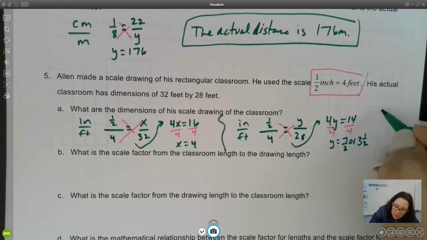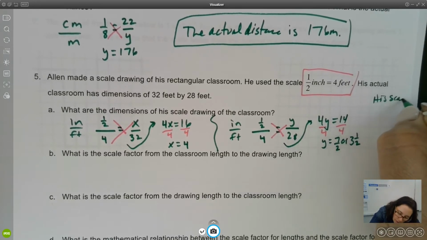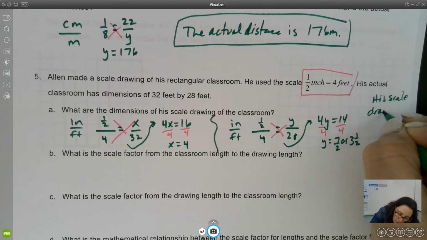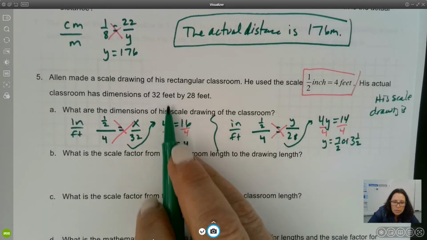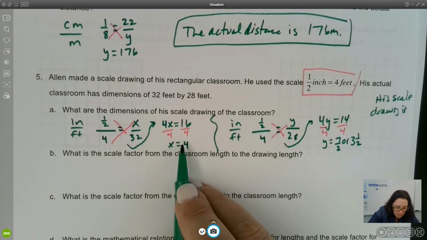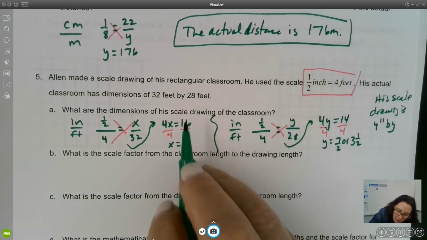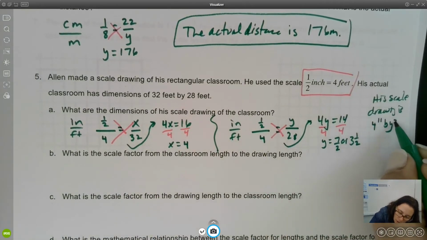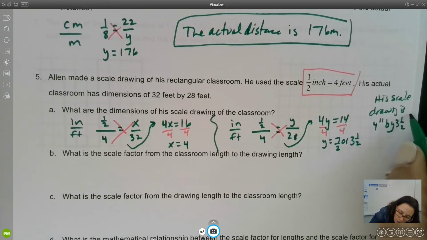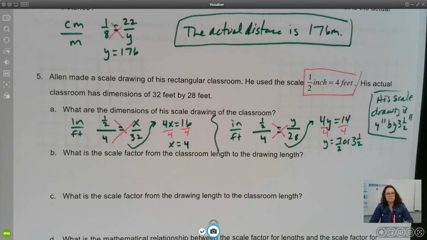His scale drawing is, and I need to stay in this order, 4 inches by 3 1/2 inches. That's my answer.